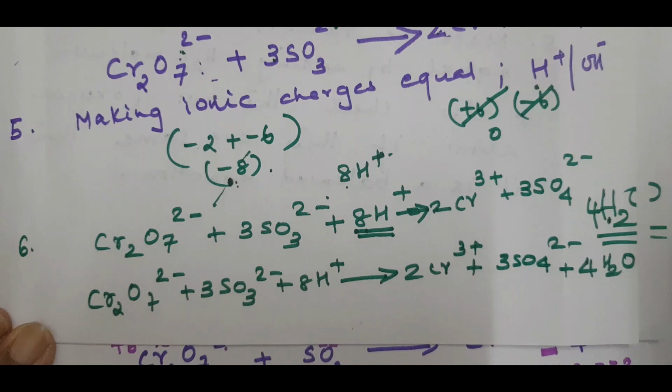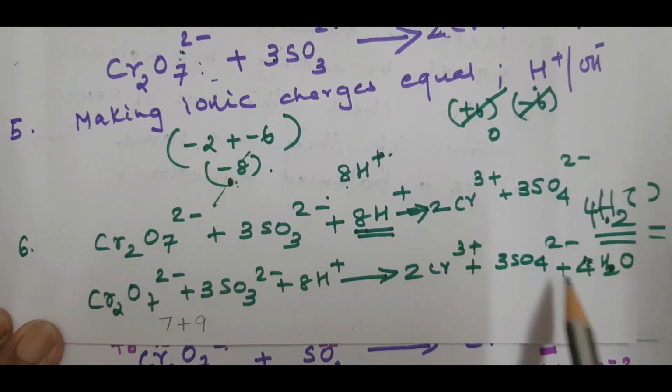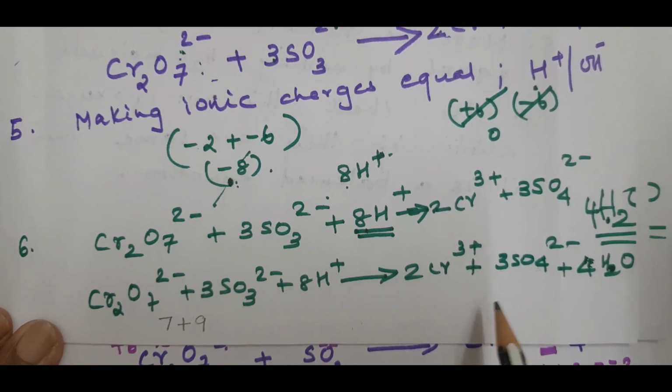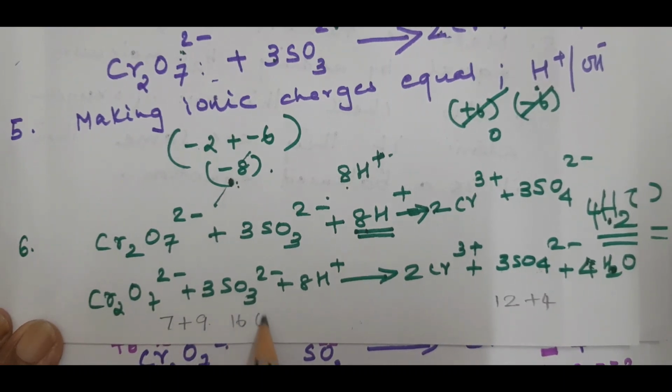Correct. So now you will get a balance because there is 8 hydrogen. Now if you see the oxygen atoms, how many are there? On the left, 7 plus 3 into 3 is 9, so 7 plus 9 is 16 oxygen.